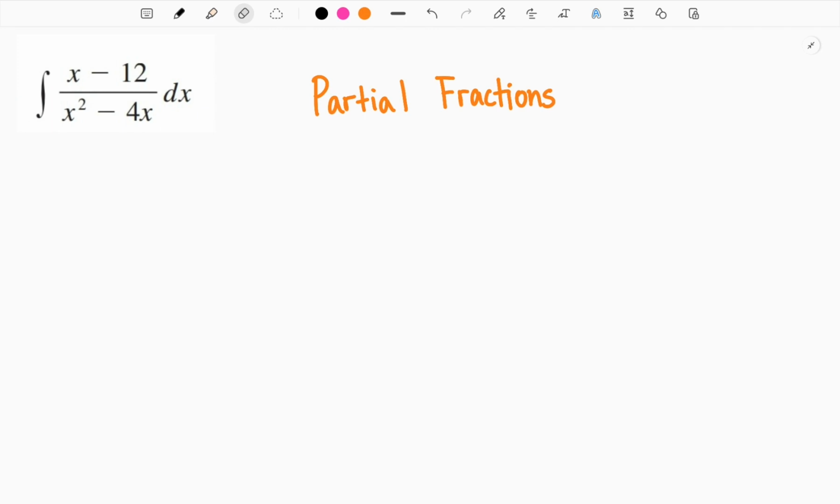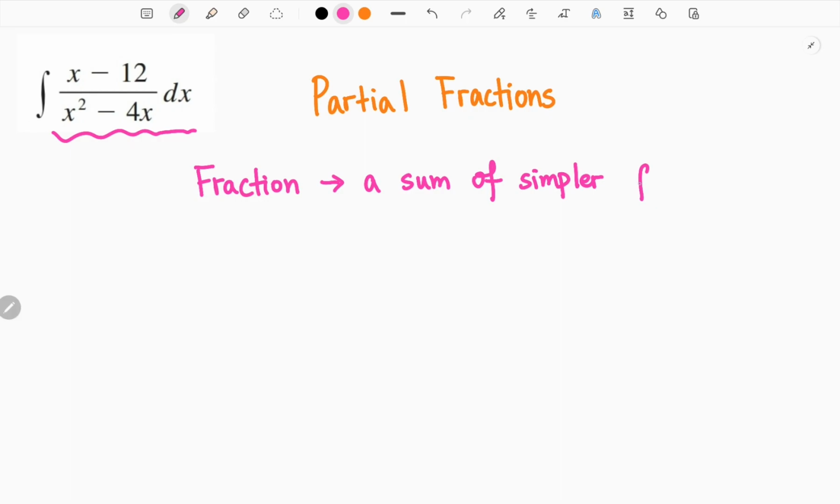Okay, then now we look at this technique called partial fractions. The goal of the partial fraction is to decompose the fraction you have, which is what's in your question, into a sum of simpler fractions. For example, we know how to calculate the integration of 1 over x minus 2, right?